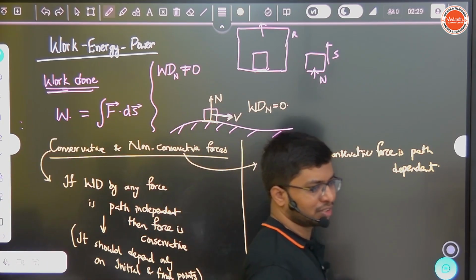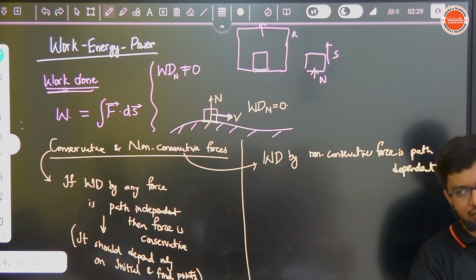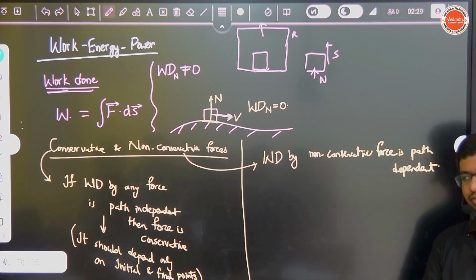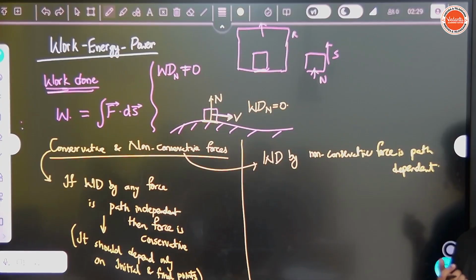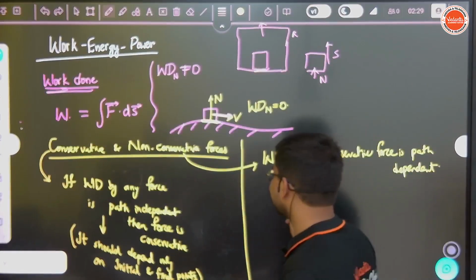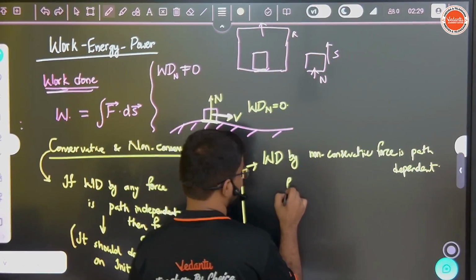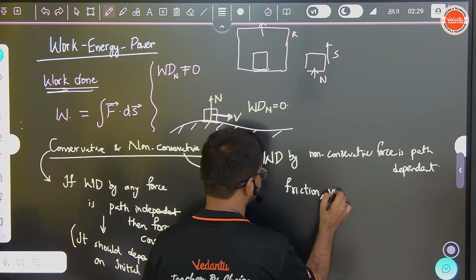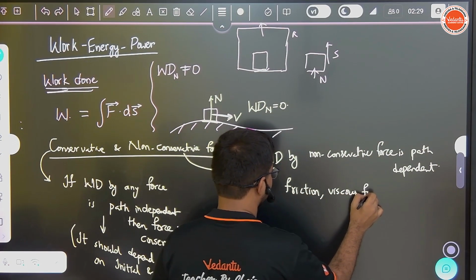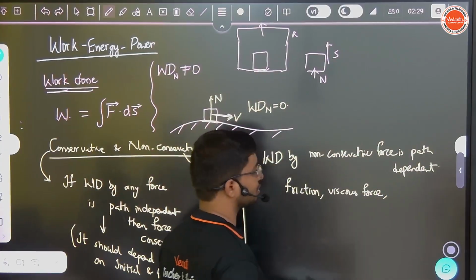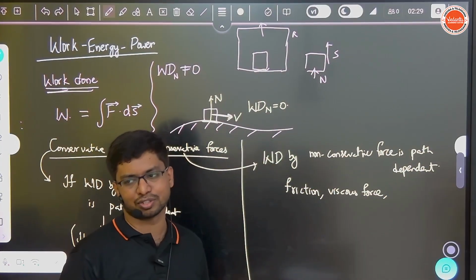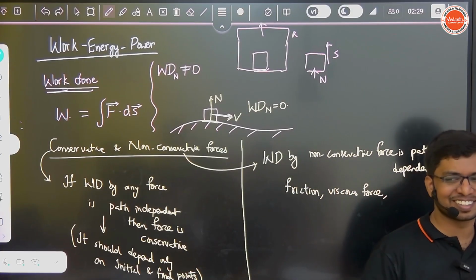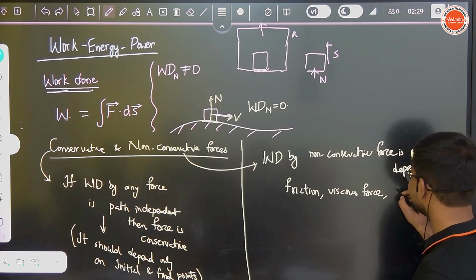In fluid mechanics, we study surface tension and viscosity, right? So your viscous force is also, yeah, air drag, correct? Your friction, viscous force, air drag, all these are non-conservative. In fact, your air drag is one of the friction viscous force only. Viscous force is also friction only.